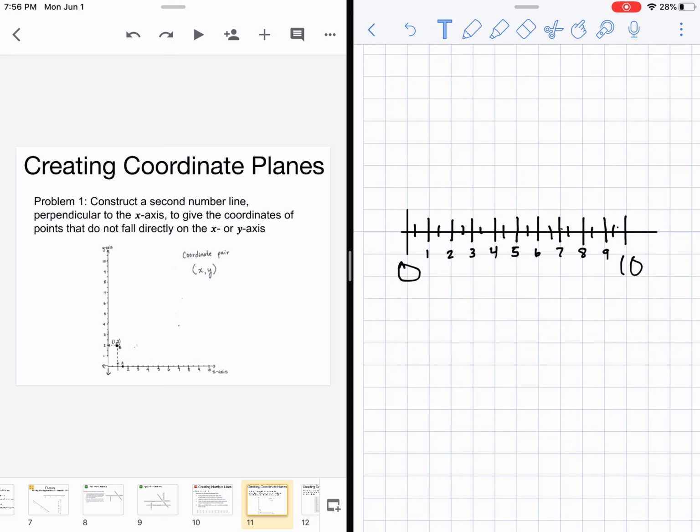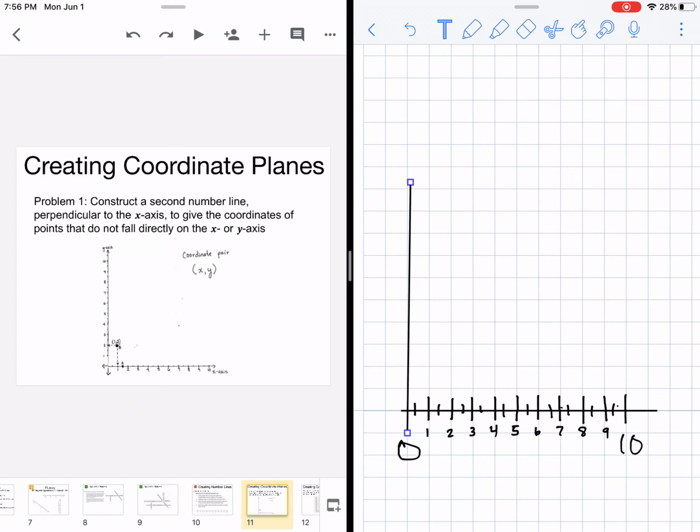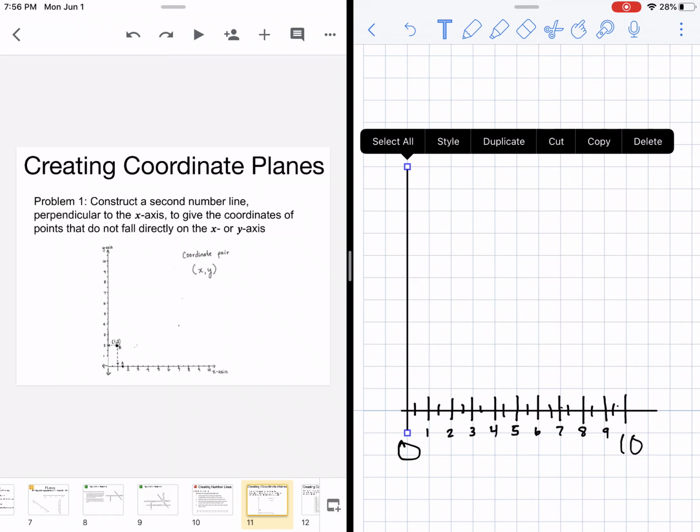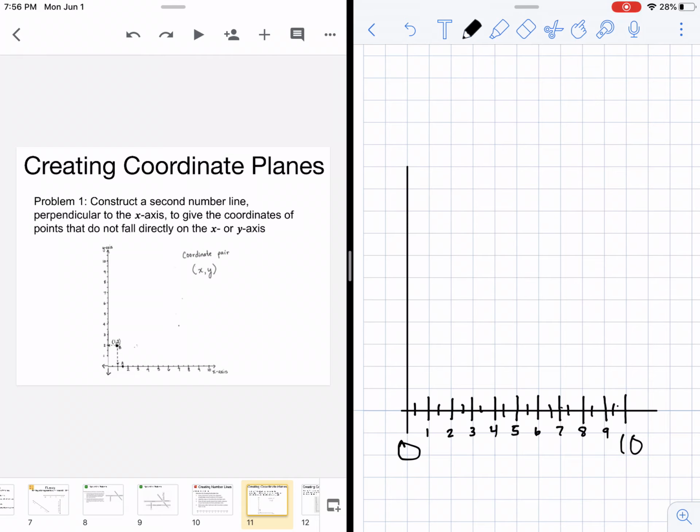So that would be this line that starts at 0. And we're going to do the same thing. We have 1, 2, 3, 4, 5, 6, 7, 8, 9, 10.